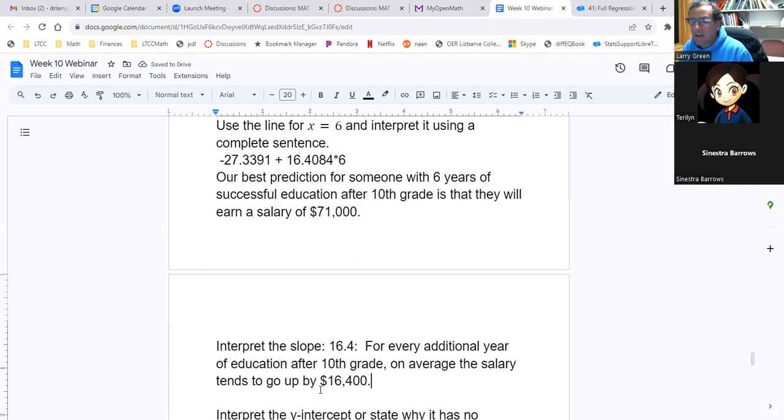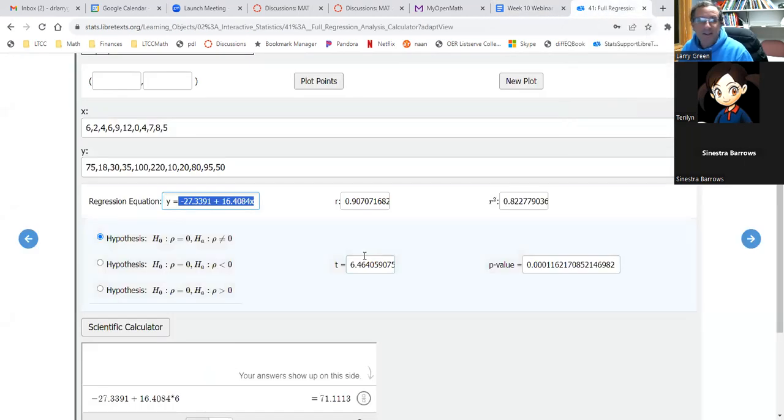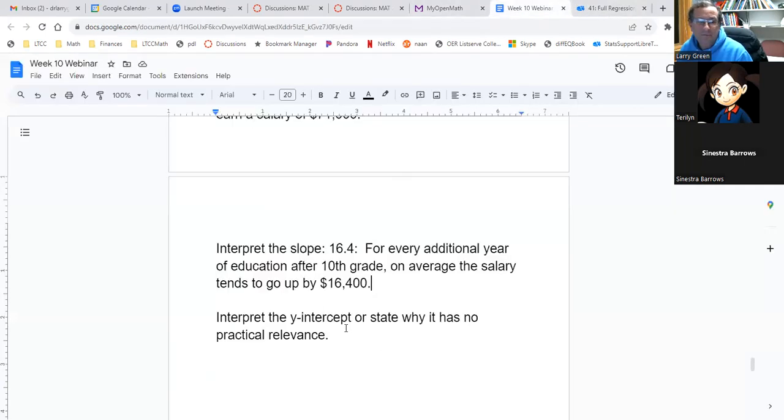Any questions? Have I lost you on any of these explanations and interpretations? Okay, let's interpret the y-intercept, or state why it has no practical relevance. The y-intercept here is negative 27.3. What do you think?